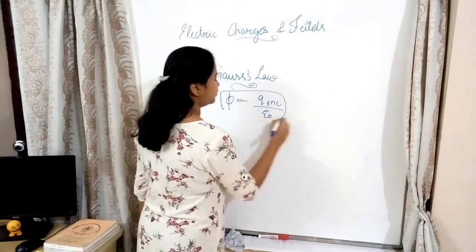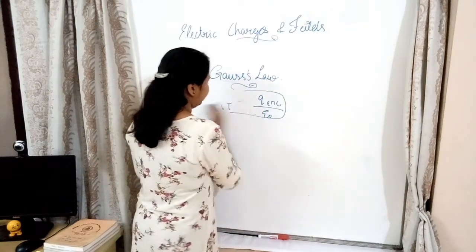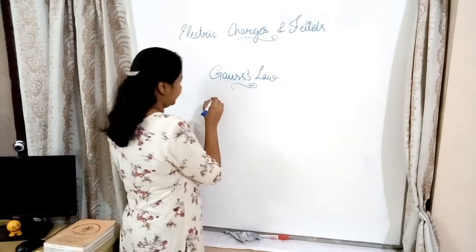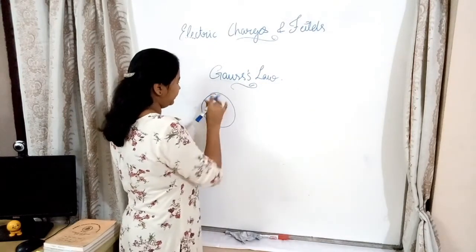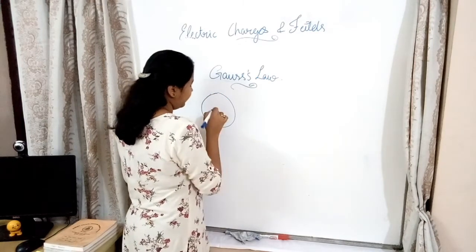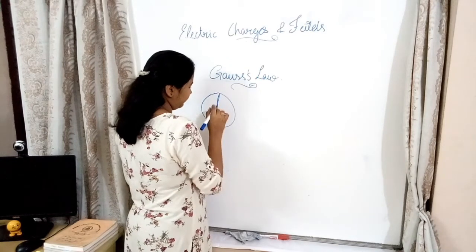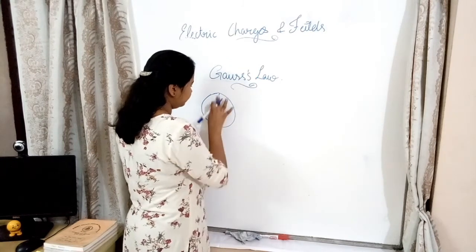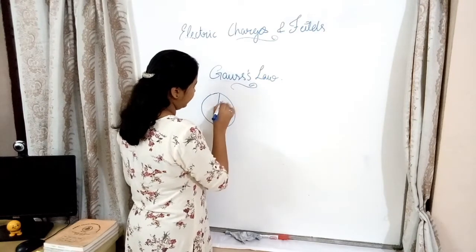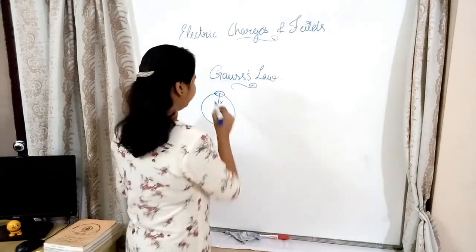So let us prove this. Now let's take a surface, a circular ring. This is its center, R is the radius, and this is R. Now we are taking a small area vector over here.